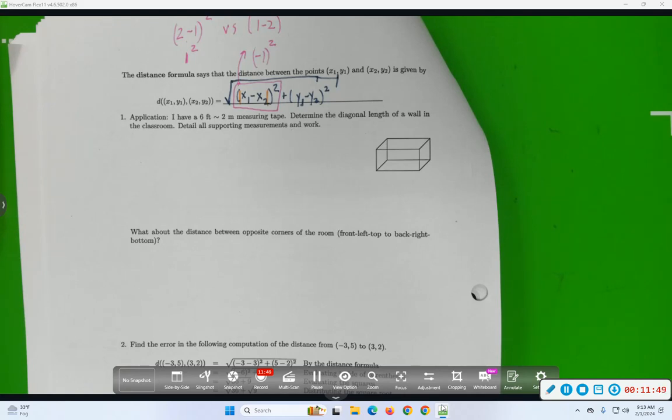Are we measuring here to here? Yeah, I want diagonal corners. Yeah, I want the thing that makes you use the distance formula.